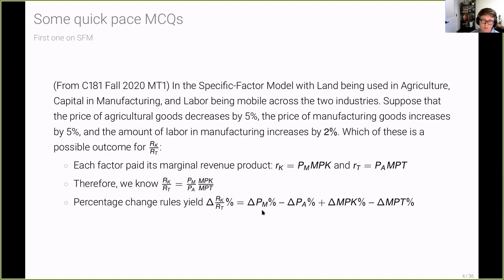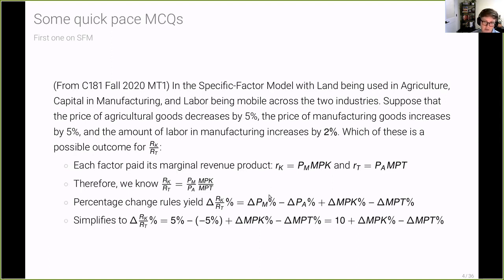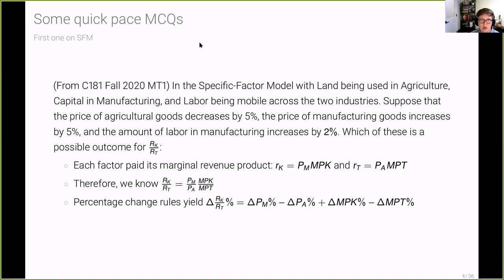Okay, so now all we need to do is figure out the direction that each of these factors is going to change. We know that the price of manufacturing goods is going to increase by 5%. And so the change in PM is 5%.